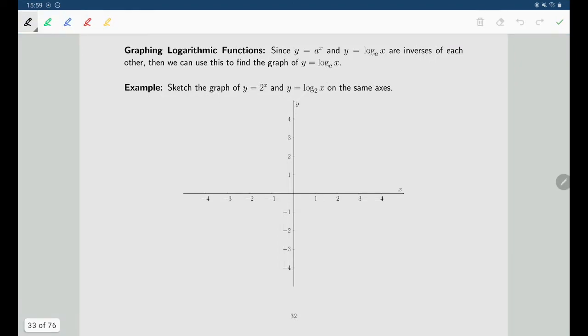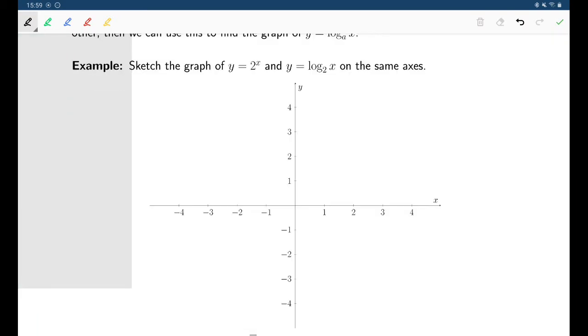All right, so now what we're going to do is graph two functions. We're going to graph y equals 2 to the x, and we'll also graph log base 2 of x, and we're going to do this on the same axes. So I'll start with my exponential function 2 to the power of x, and then I'll work on my logarithm after that.